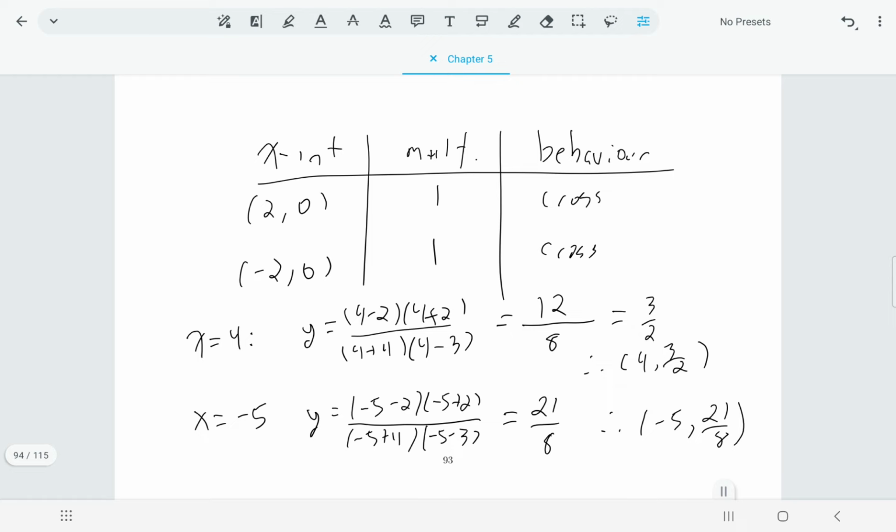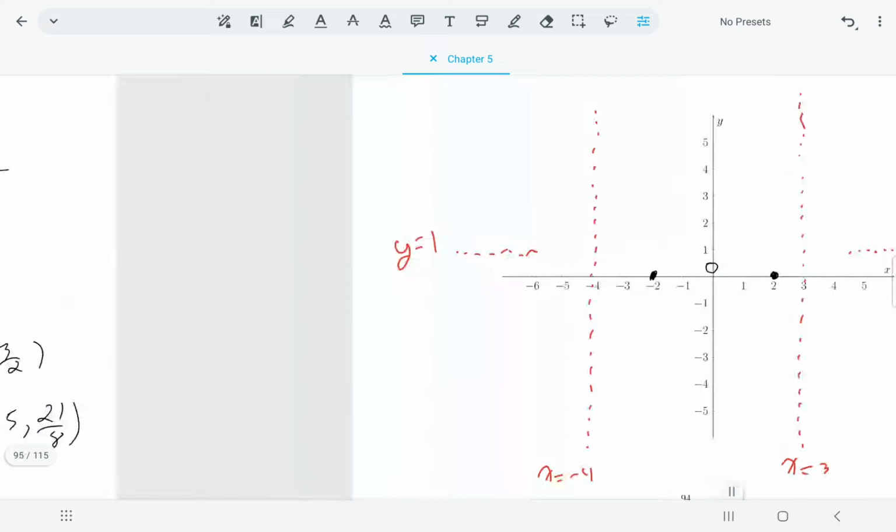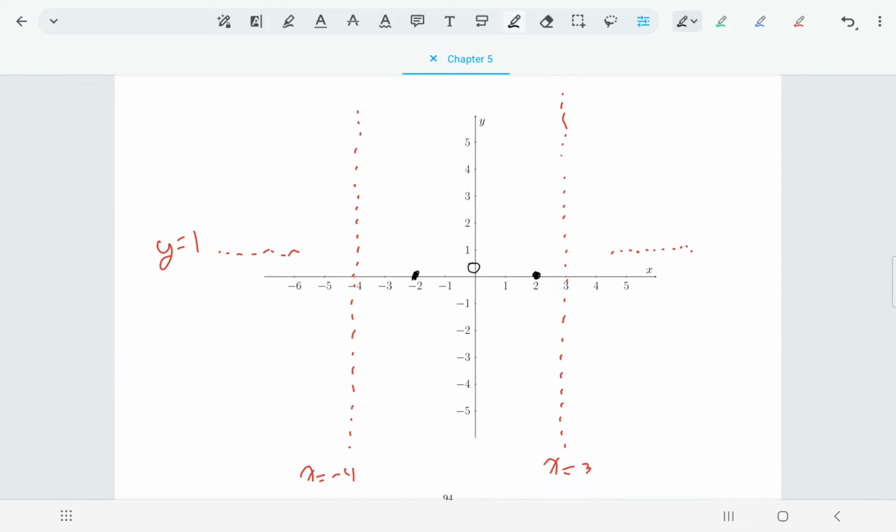So I know roughly where to plot my points, and I'll come back and label them after. So the one point, (4, 3/2), or 4 and 1.5, is around there-ish. The other point was (-5, 21/8), and 21/8 was between 2 and 3, so somewhere around there-ish.